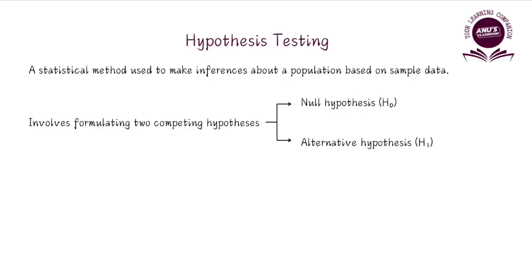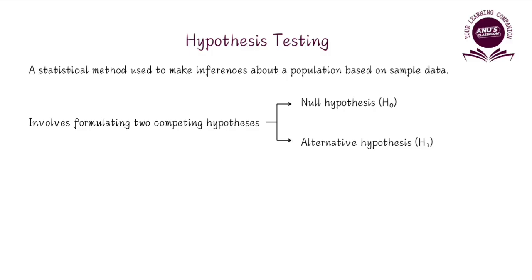So from a sample you are drawing inference, or concluding something about the entire population. That is what hypothesis testing is all about. We are testing a hypothesis about a population using statistical evidence from a sample, and based on that we decide whether to reject or accept the hypothesis.